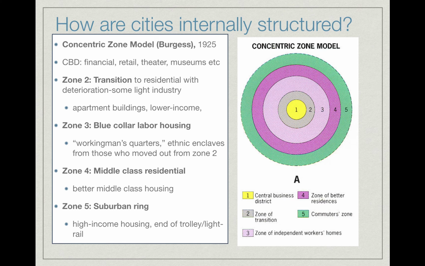Zone 4 has slightly more room and better middle class housing, and we're starting to see some single family homes. Finally, in zone 5, we see the suburban ring, with high income housing. That's typically the end of the trolley line, or the end of the light rail here in DC, the end of the MARC train and the VRE. Essentially what the Burgess model says is that that's the highest rent area because those people can afford to commute.